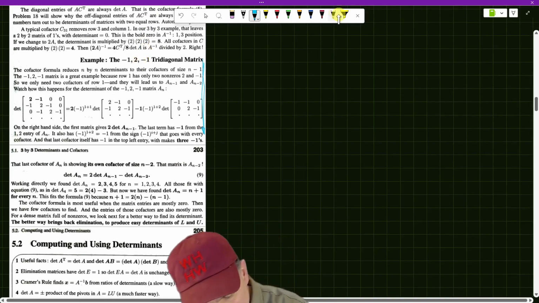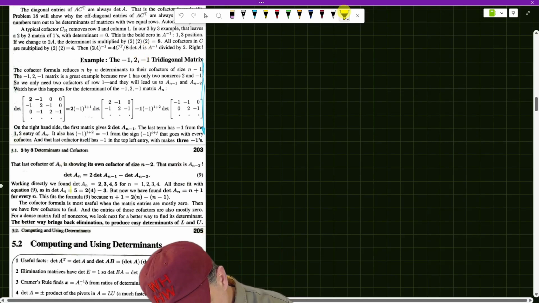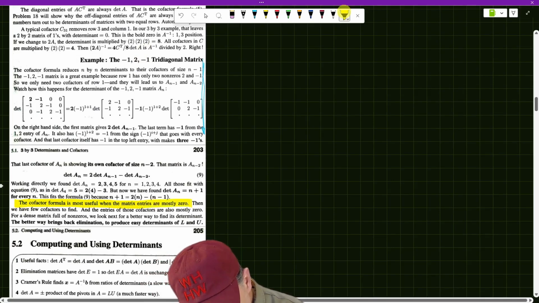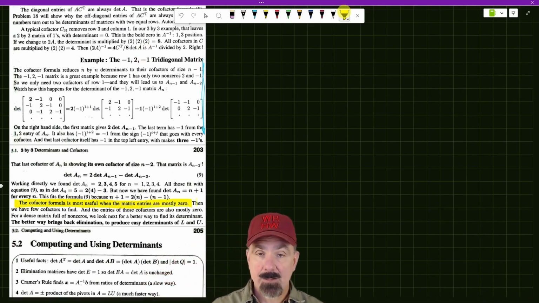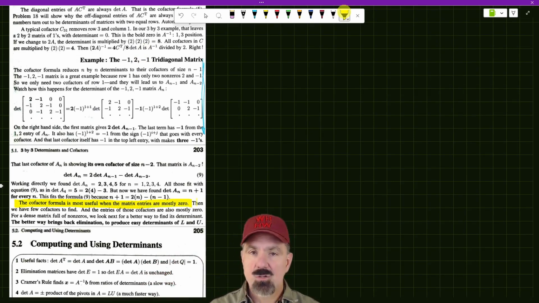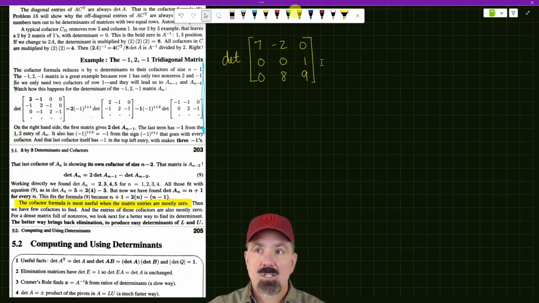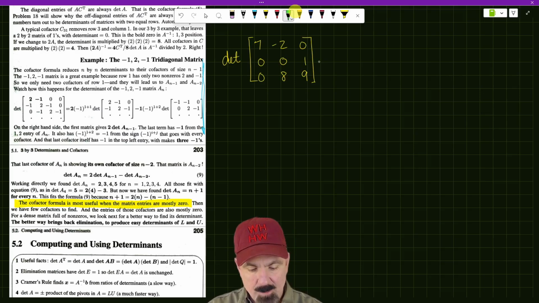One last item that's very important, which is the cofactor formula, which is the formula for finding a determinant, is most useful when we have a matrix filled with zeros. Let me give you another example. All right, so what we're doing here is an example of a determinant for this particular matrix.